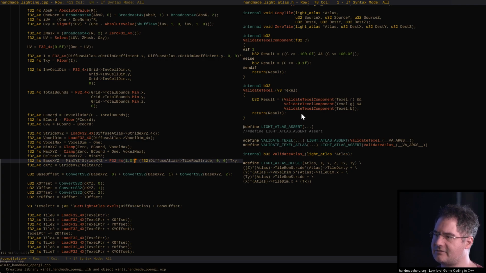Okay, so that's the offset for the actual texel. It's the xy offset of the texel. And then you just sample that thing, which is exactly right.